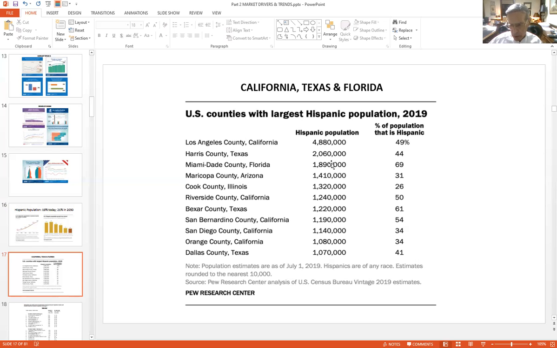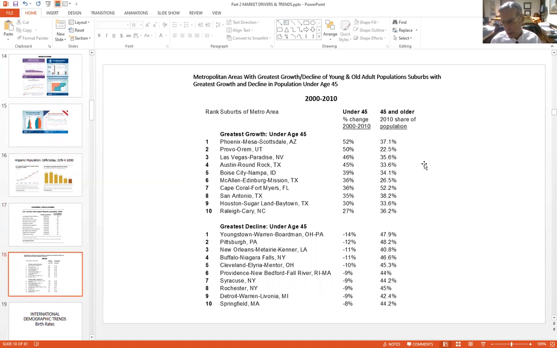Almost 2 million people in 2019, and they represented almost 70% of Miami's population. So you are better rewarded if you advertise in Spanish than in English. Here's another trend, and we're back to the 2010 statistics.